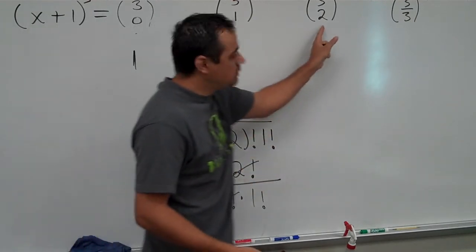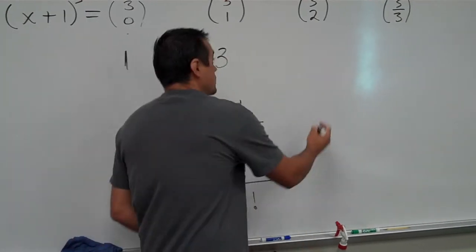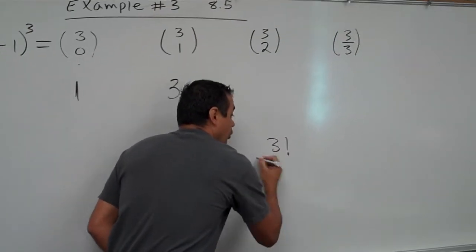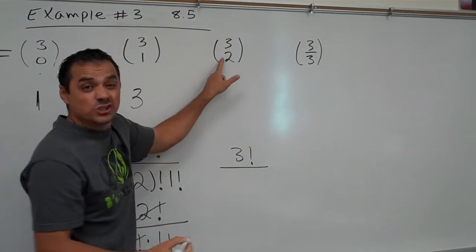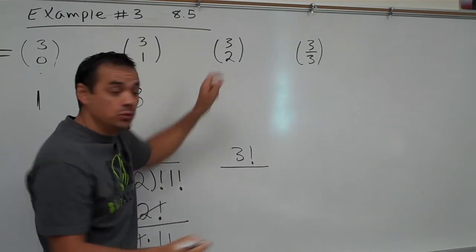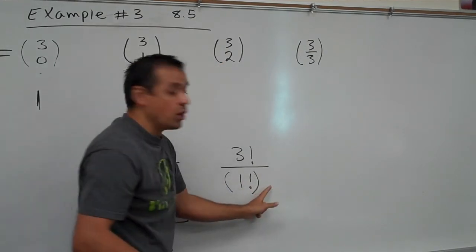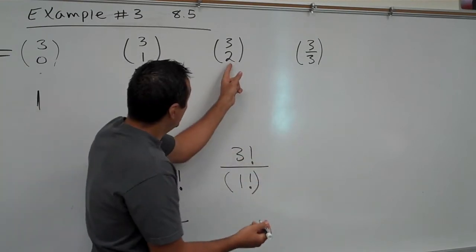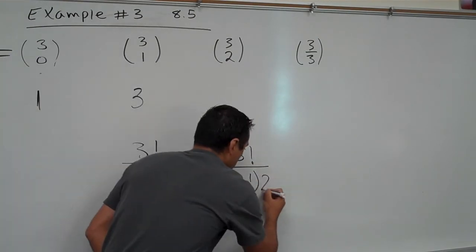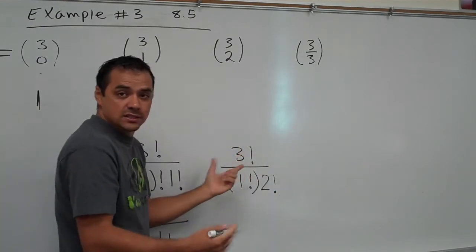Okay, let's do the same thing for this one right here. So it's going to be 3 factorial over 3 minus r factorial, right? 3 minus 2. So it's going to be 1 factorial times r factorial, which is 2 factorial in this case. So let's simplify this and see what we get.